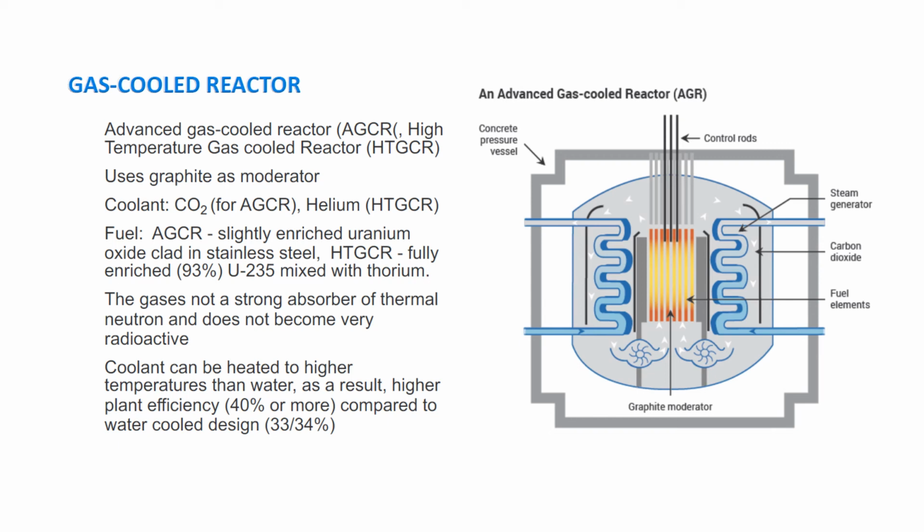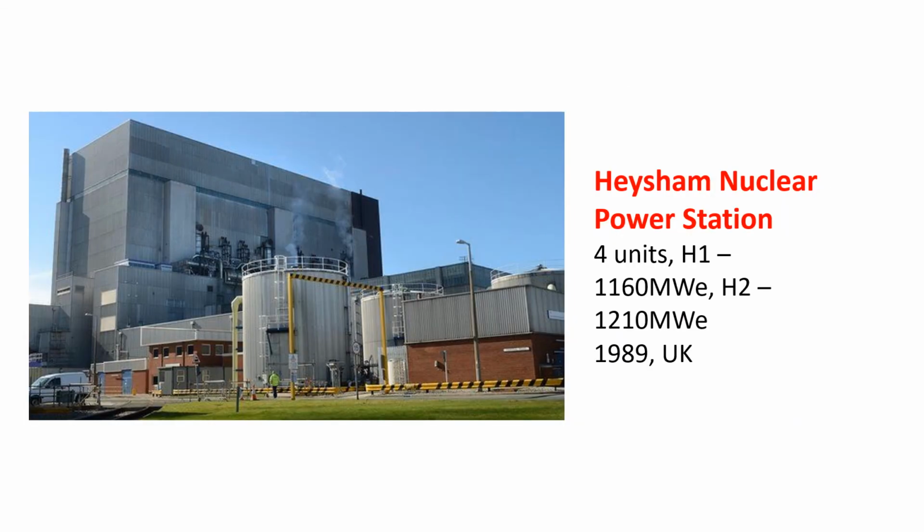The gases are not a strong absorber of thermal neutrons and do not become very radioactive. The coolant can be heated to higher temperatures than water. As a result, higher plant efficiency of around 40% or more compared to water-cooled designs. An example of this one is your Heysham nuclear power station in the United Kingdom.